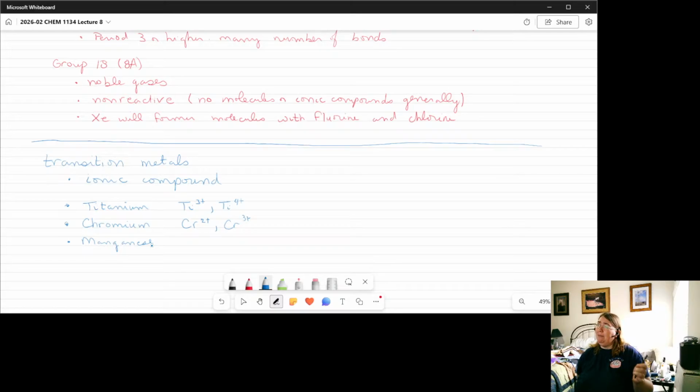Magnesium is Mg, manganese is Mn. Don't mix those two up. Very different chemical reactivities. Manganese tends to be +3, +4, or +2, +4 in terms of the cations that it forms.